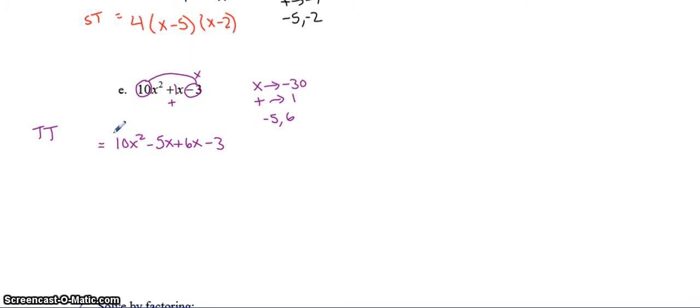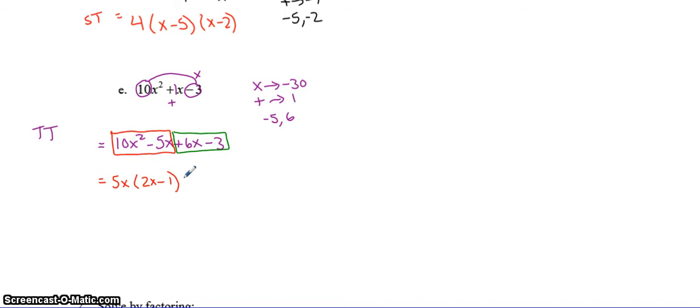Now what you do is take the first two terms and factor them. So common factor the first two terms. The greatest common factor is 5x, and you are left with 2x minus 1. Now common factor the last two terms.